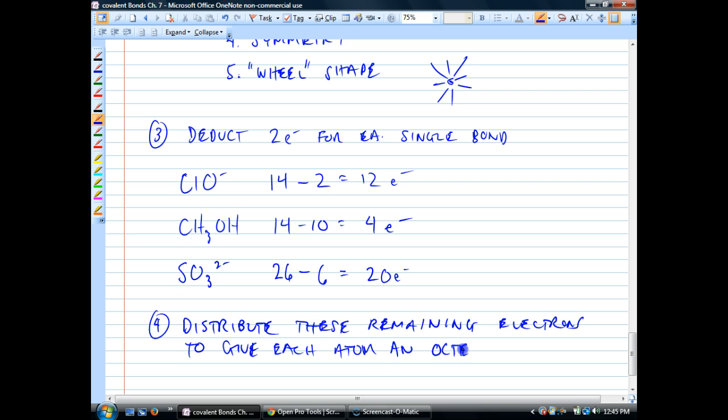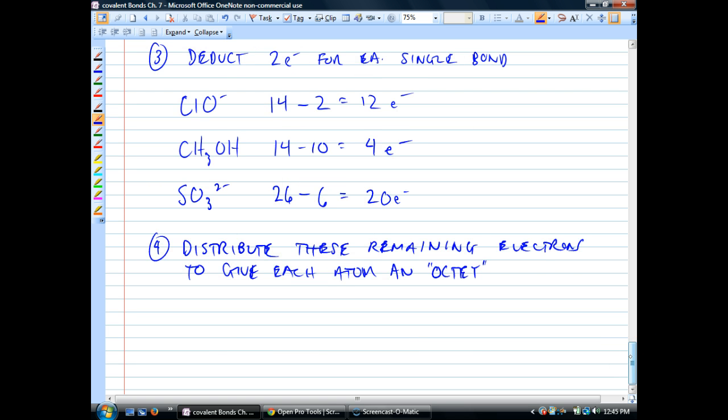Have you heard that word before? Octet? That is 8 electrons in its outermost shell. That's as many electrons as you're going to get in the outermost shell, usually, without opening up a new shell. So this is to give each atom an octet, except for hydrogen, of course, which only needs 2.